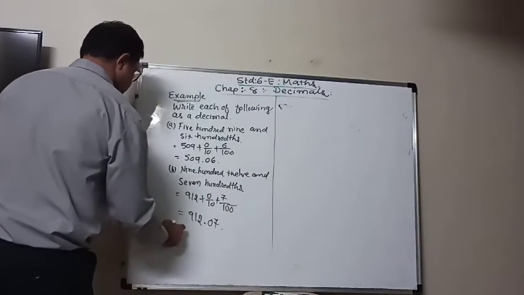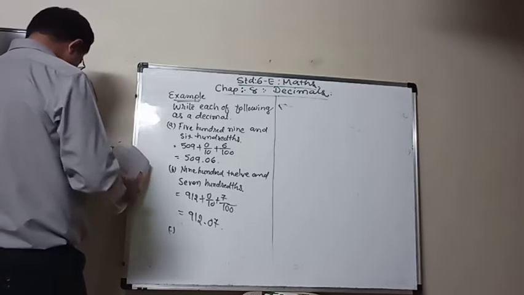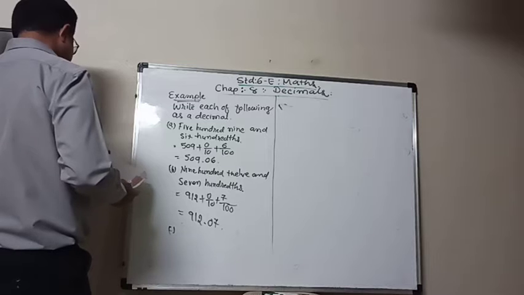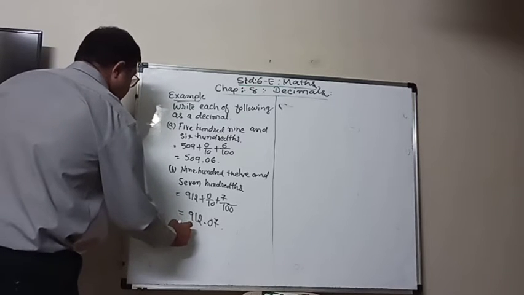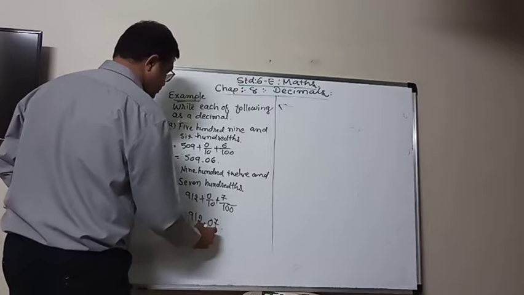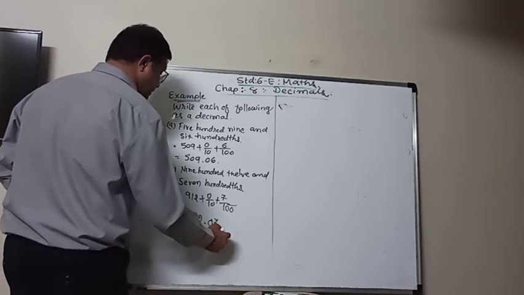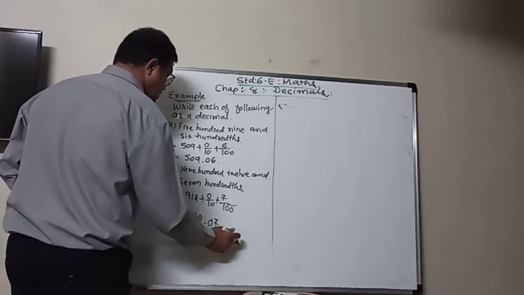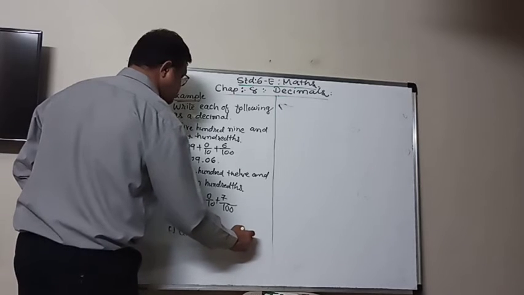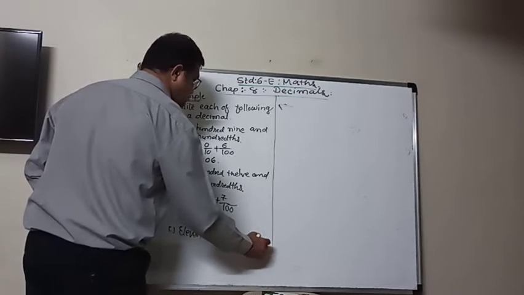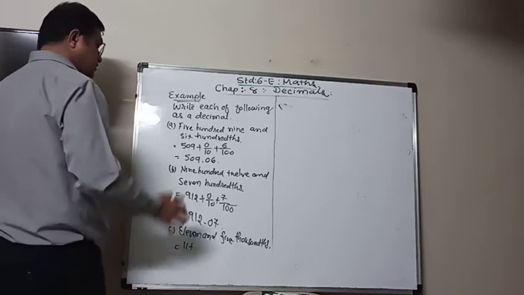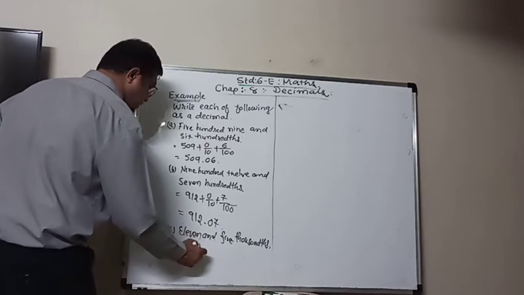C is given that 11 and 5 thousandths. So now 11, there is no tenths, so 0 upon 10.